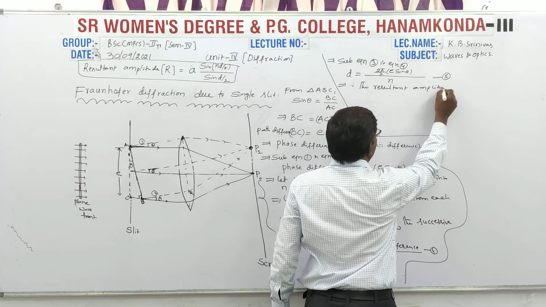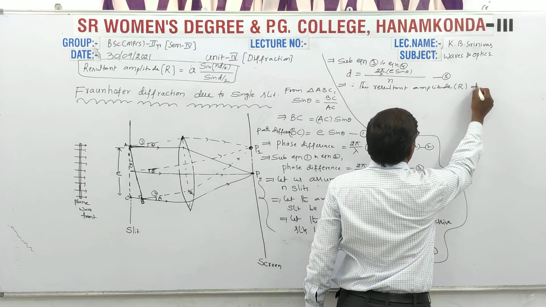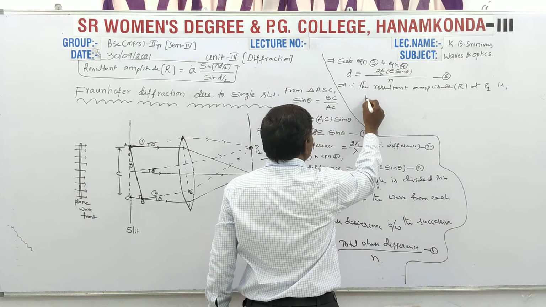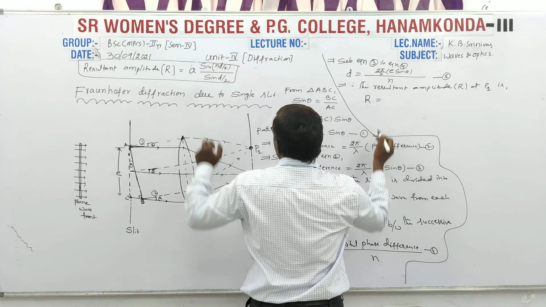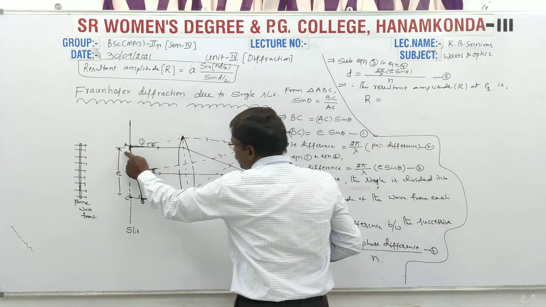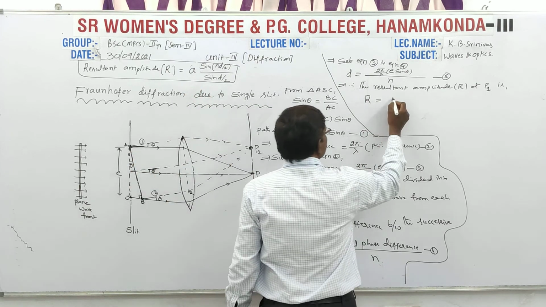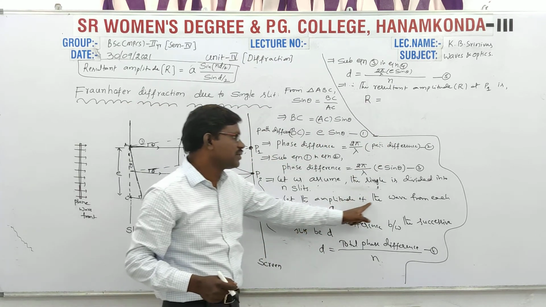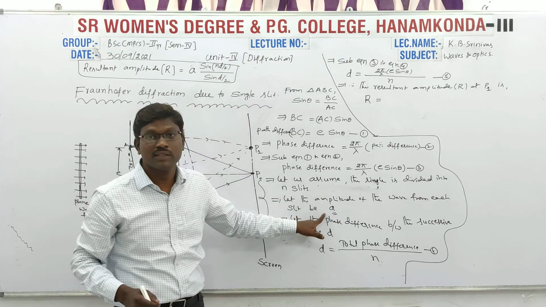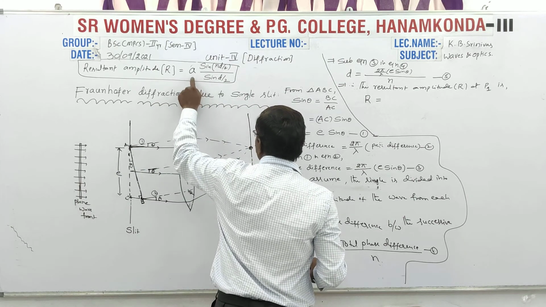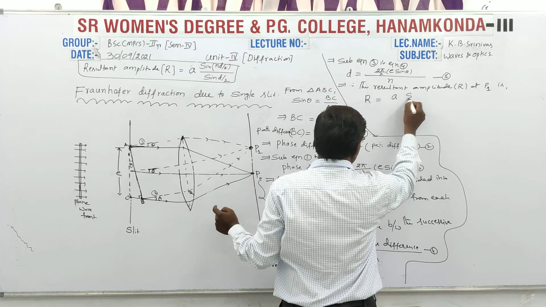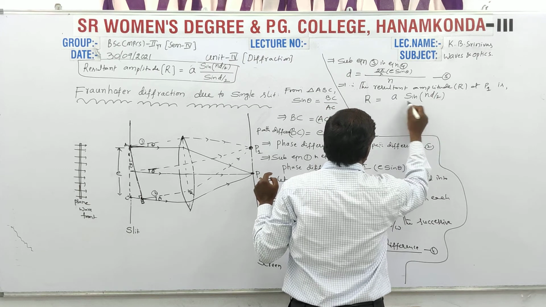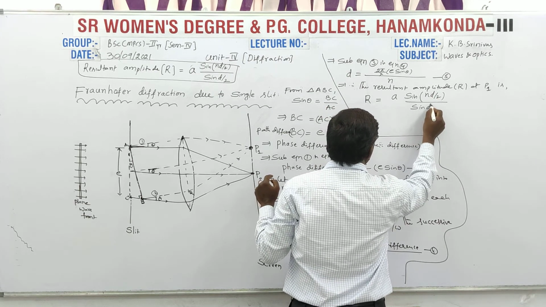Let the amplitude of the wave from each slit be A, which I have already assumed during this derivation. This is the formula which I am going to use: R equals A sin of n d by 2, whole divided by sin d by 2.